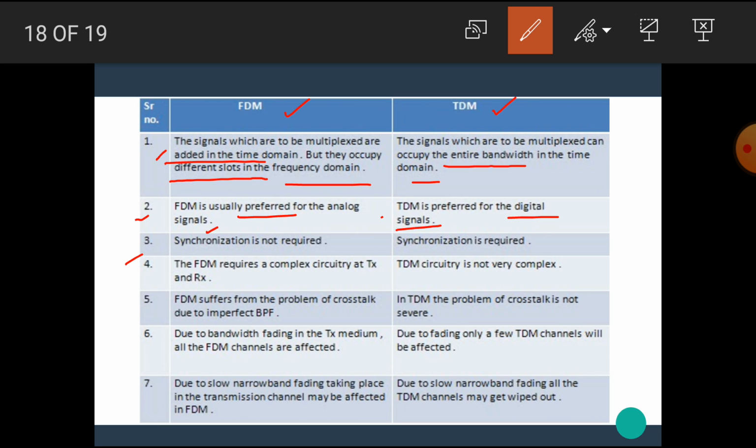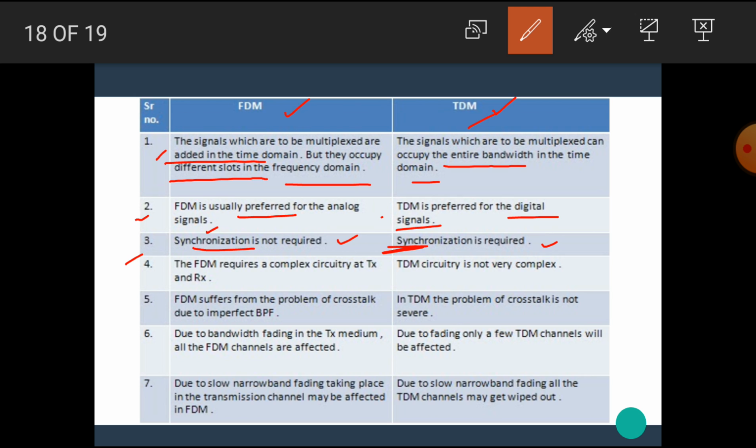In FDM, synchronization between transmitter and receiver is not required, while in TDM, synchronization between transmitter and receiver is required. This is necessary for time division multiplexing. FDM requires complex circuitry at the transmitter and receiver.